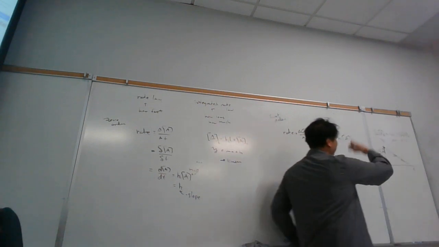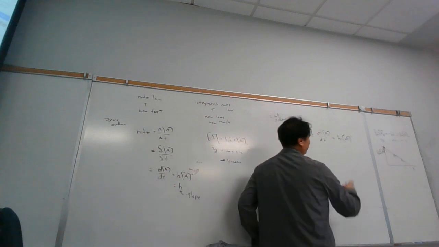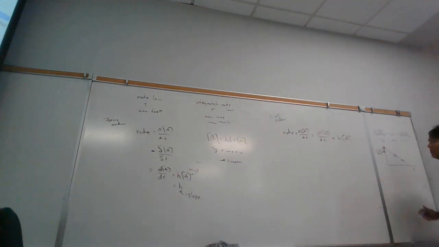So sometimes it's hard to see, is that curve a first order or a second order? But here, if we do ln of A versus t, it's easier to see if it's linear or not linear.